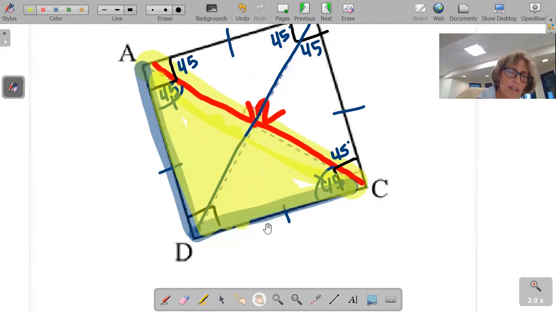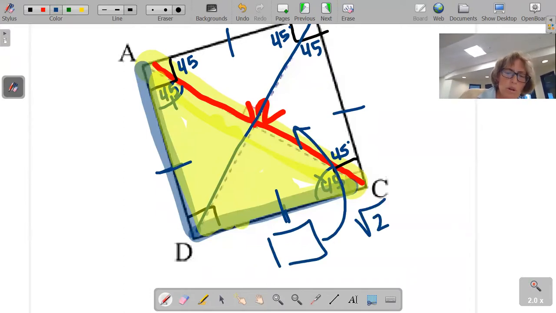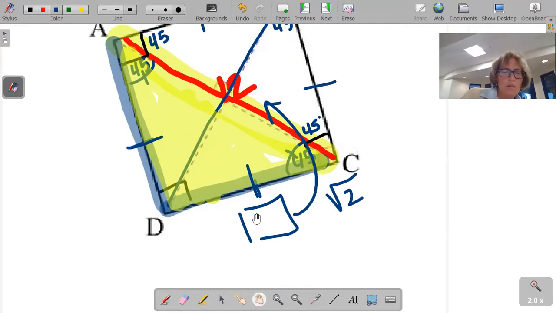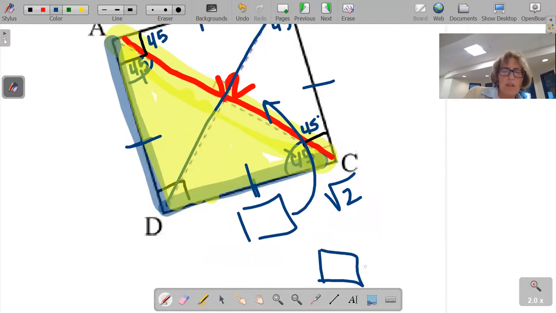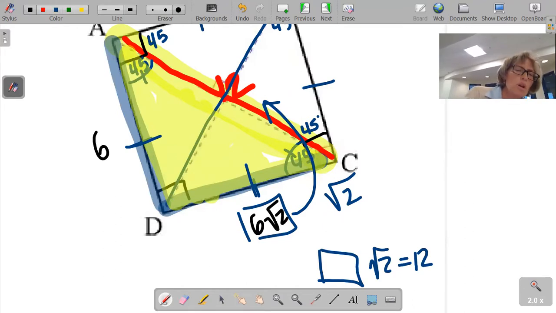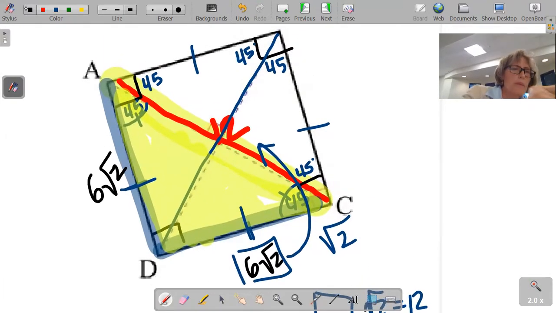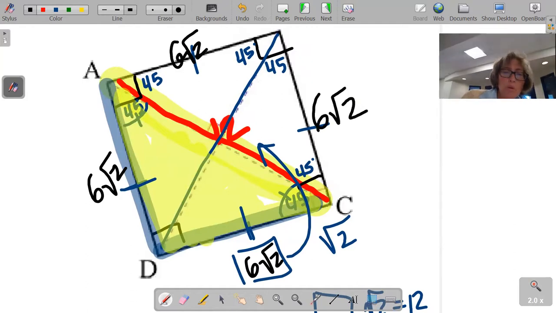The legs are equal, and the hypotenuse is whatever the leg is times root 2. So you should have done something times root 2 is 12. That something here is 6 root 2, 6 root 2, 6 root 2, and 6 root 2.